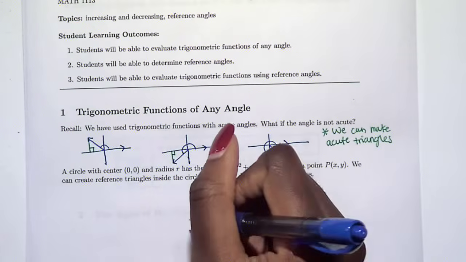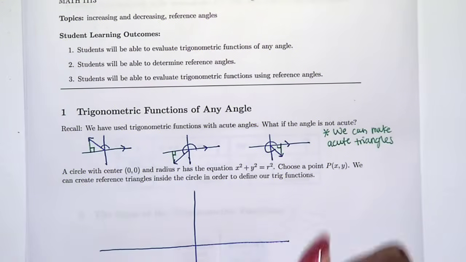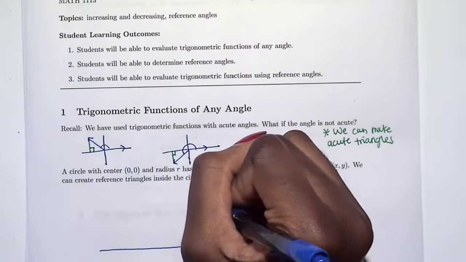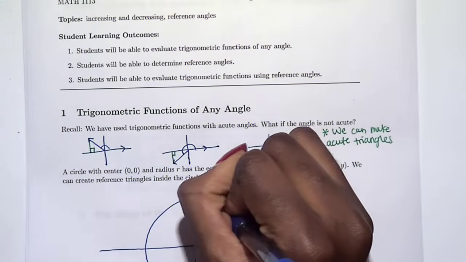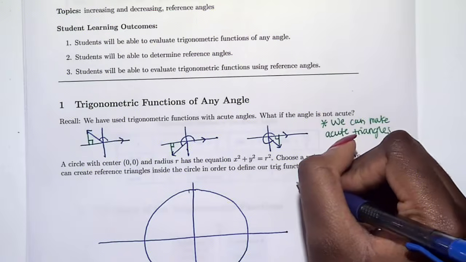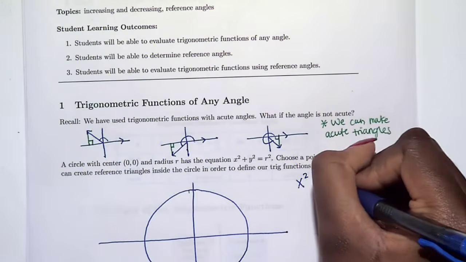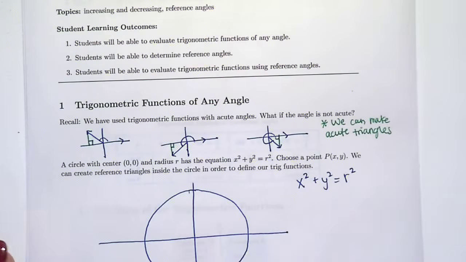So first I am going to do an xy plane, and I am going to make a circle. This doesn't have to be a unit circle. The equation of this circle, centered at the origin, is x squared plus y squared equals r squared.